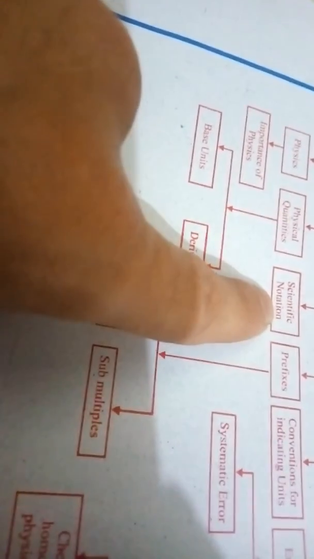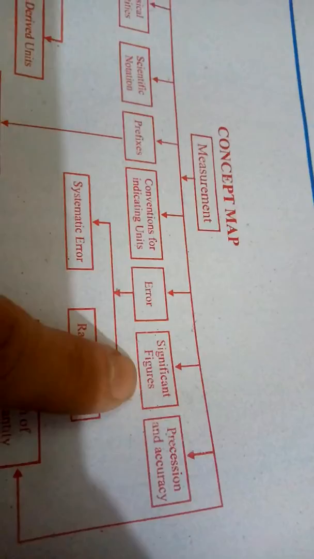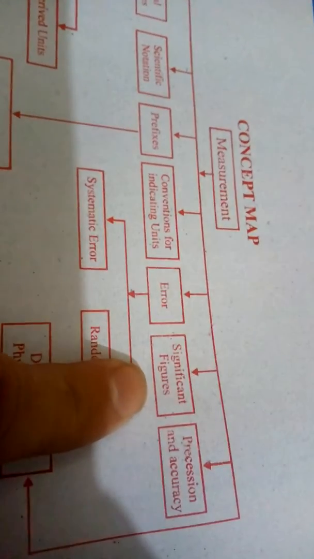And there are significant figures. Significant figures are those which we use, like in scientific notation. For example, non-zero numbers are significant. Let me show, because we haven't discussed this. In a quantity like this, these are the significant figures: 1 2 3 4, there are 4 significant figures.